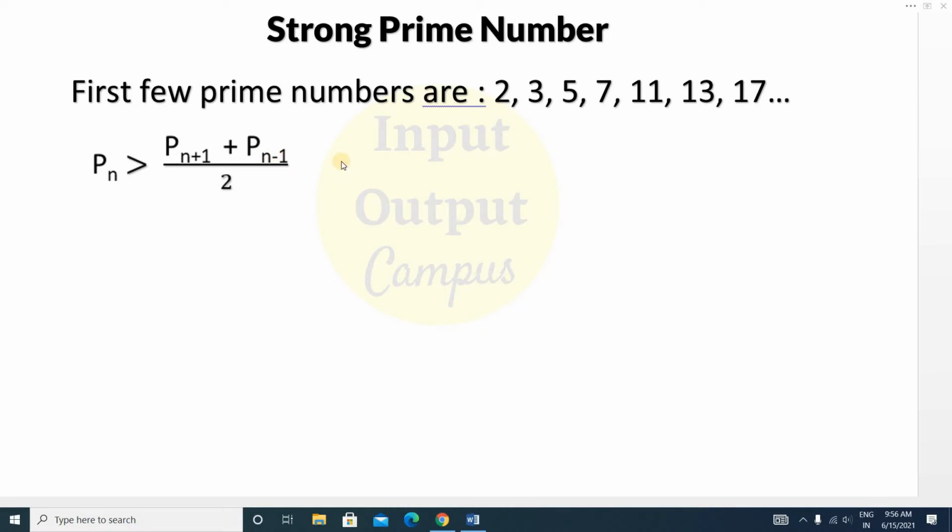Okay, so let's see some examples here. 2 is the first prime number, so 2 cannot be a strong prime number, because there is no previous prime number of 2. Here is 3, and if 3 is greater than the arithmetic mean of 5 and 2, then 3 will be a strong prime number. 5 plus 2 equals 7, 7 divided by 2 equals 3.5. Is this true? No, this is not true.